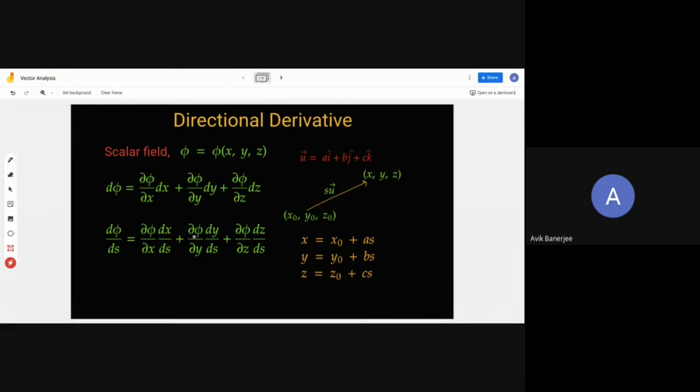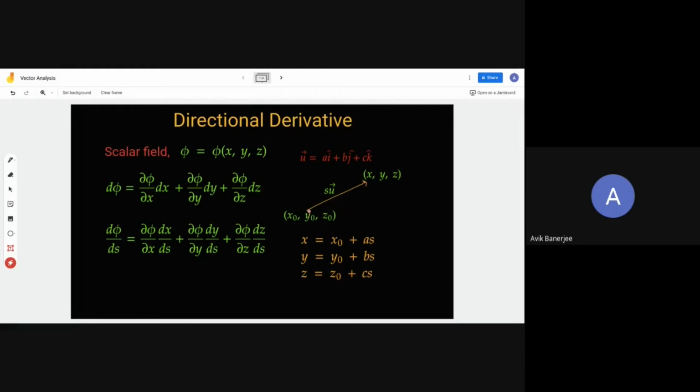What is dx ds, dy ds, and dz ds? We said earlier that this vector s u vector, where u vector is a unit vector in that particular direction and s is the length of that vector, is a vector pointing from x naught y naught z naught towards x y z.